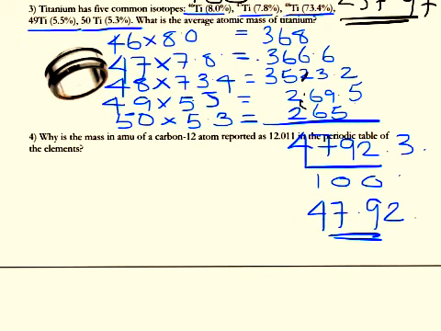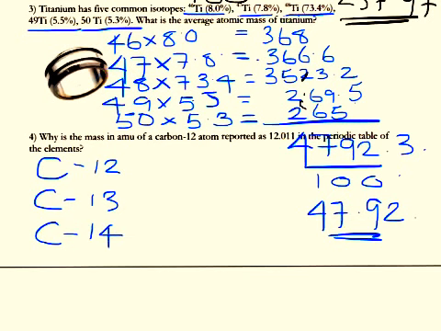The next example is asking you, why is the mass in atomic mass units of a carbon-12 atom reported as 12.11 in the periodic table of the elements? What you've got to remember is that carbon-12 is the most abundant form of carbon, but carbon does come as carbon-13, and it comes in extremely small proportions of carbon-14.